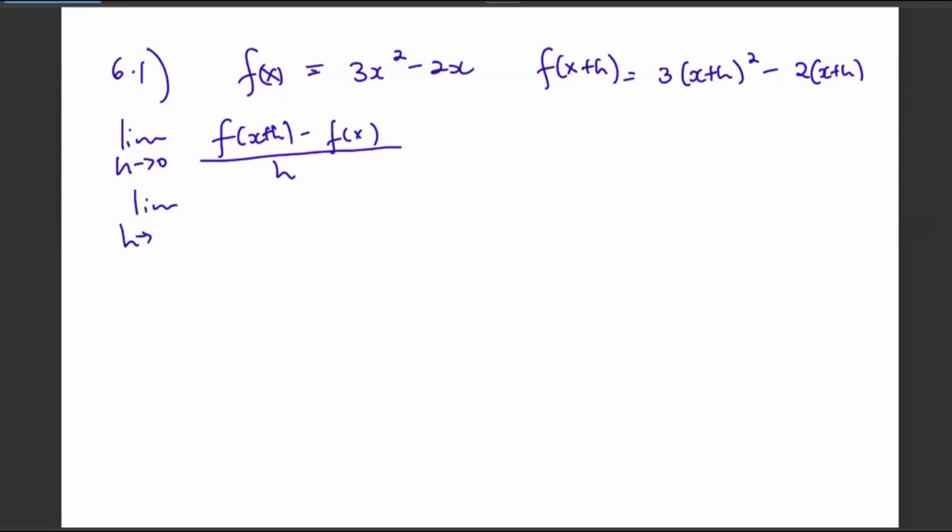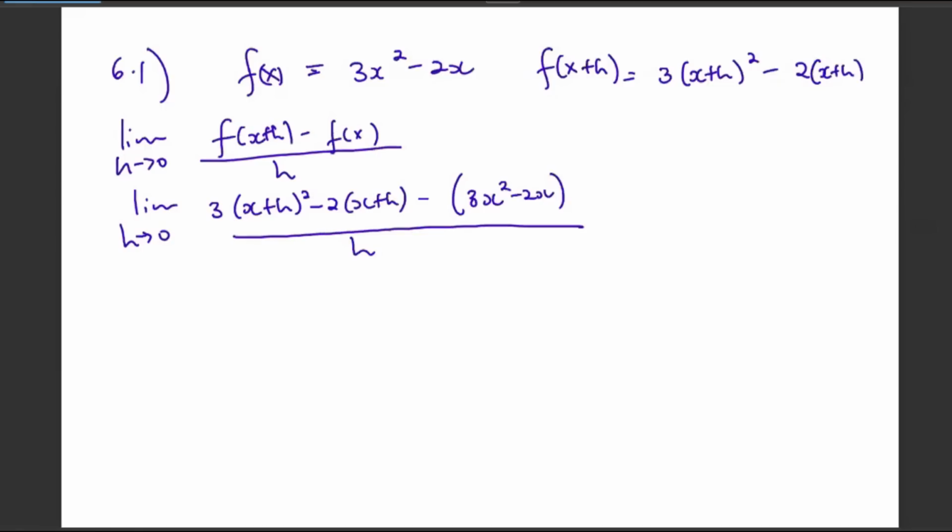Limit as h tends to 0. We're going to have 3 into x plus h squared minus 2 into x plus h, but we are subtracting our f of x, which is 3x squared minus 2x. All this is over the h. Then limit as h tends to 0.